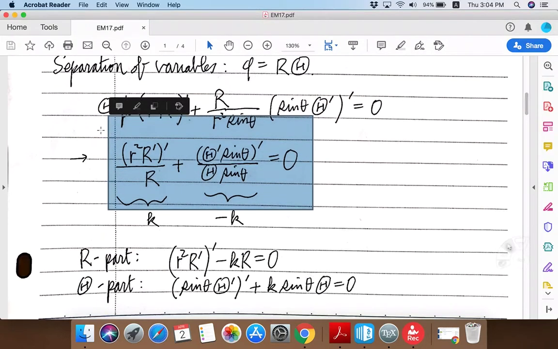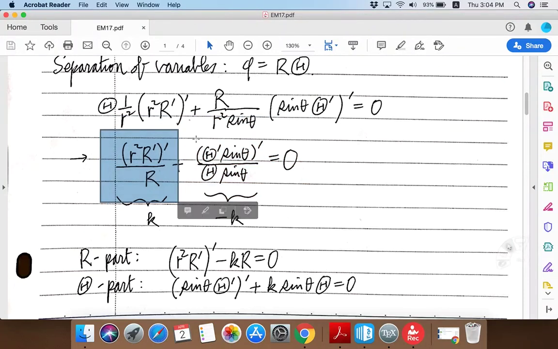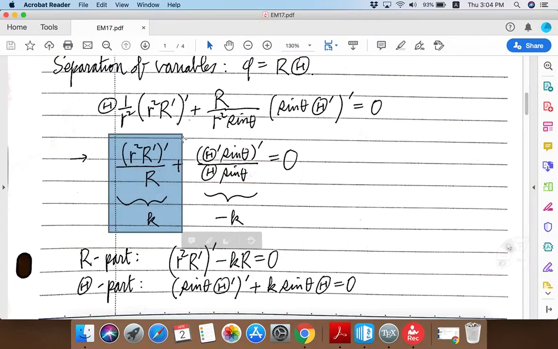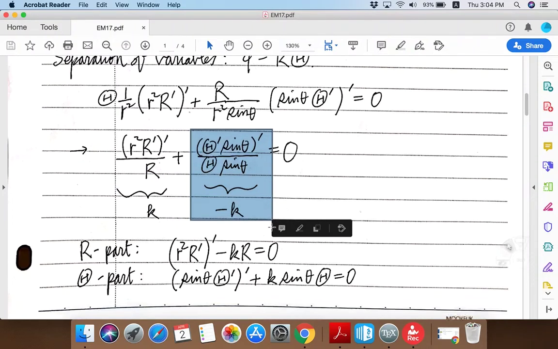And you can immediately recognize that this part only depends on the variable r, and this part depends only on the variable theta. So according to the standard approach in solving partial differential equations, we can say that this part must equal some constant. I'm going to call it k. And by necessity, this part must be equal to minus k.